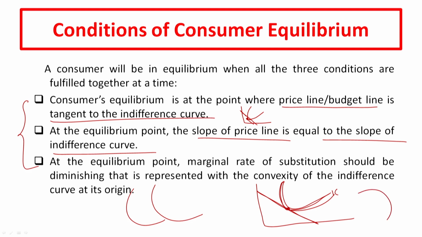If it is like this, that means marginal rate of substitution is not diminishing, rather it is increasing, constant, or 0. So these three conditions are equally important for locating the point of equilibrium.